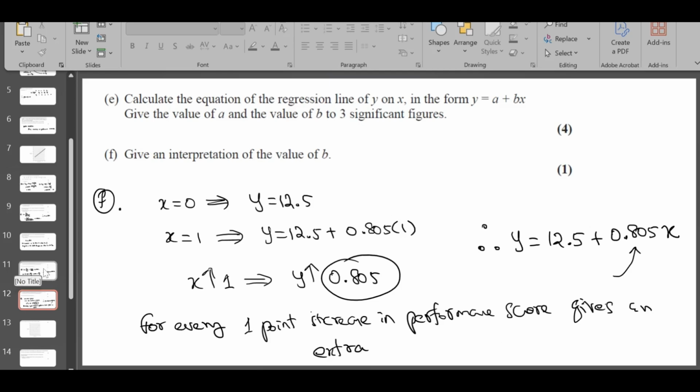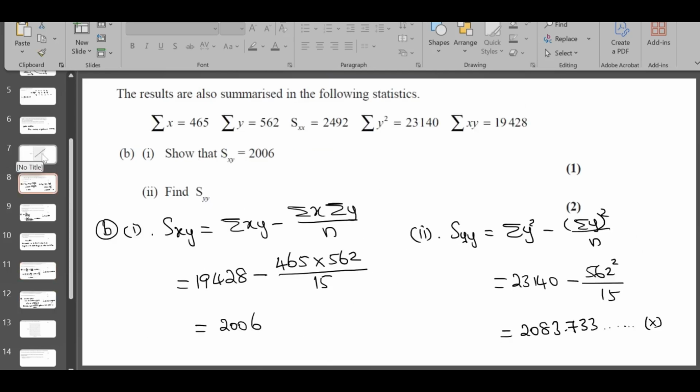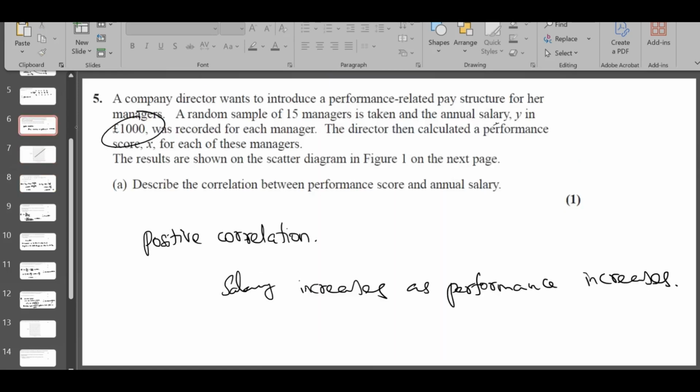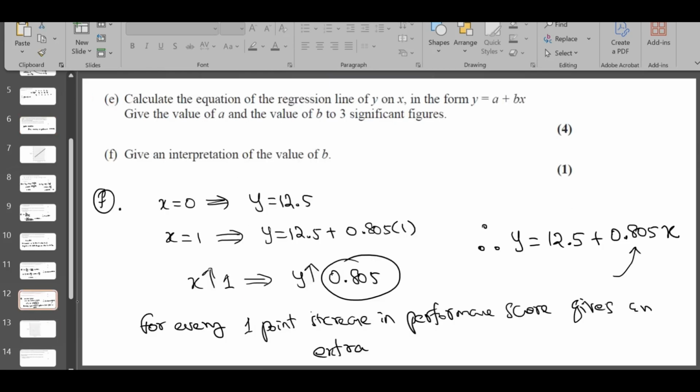It's basically in thousands, right? If you read the question, in thousands. So when you multiply this value by 1000, it's going to be 805.